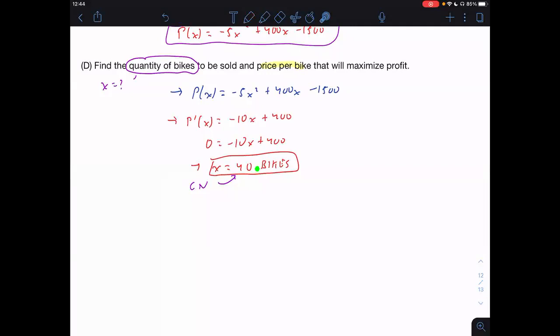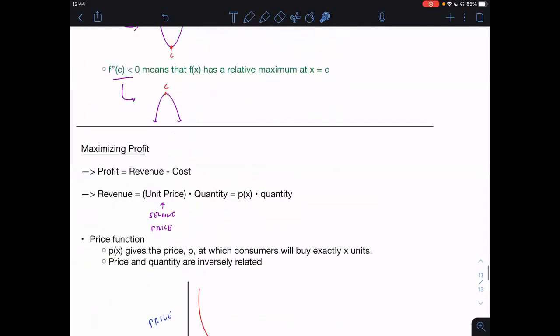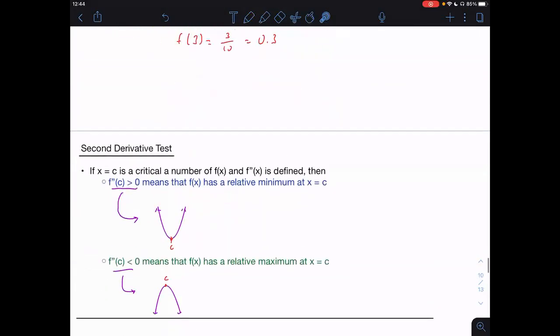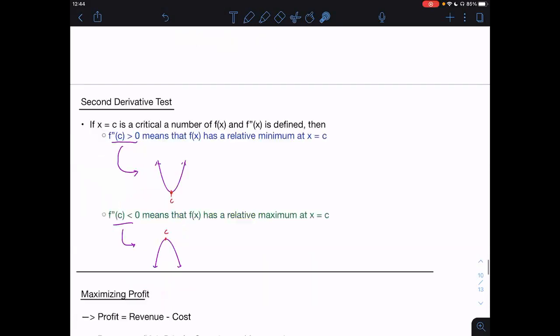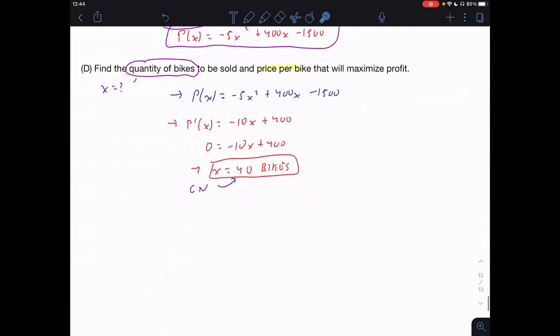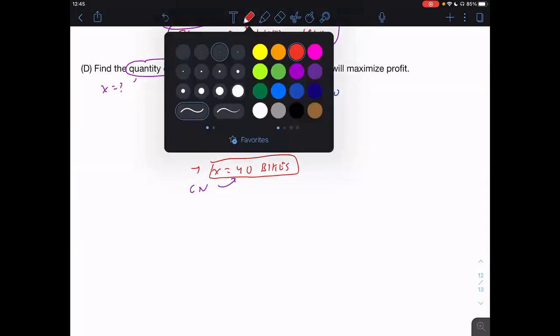To do a quick check, we can use the second derivative test by taking that critical number, plugging it into our second derivative, and seeing if it will be positive or negative. If the second derivative comes out positive, then that's a minimum value. If the second derivative comes back negative, then that critical number is going to give us a maximum value. All right, so let's do the second derivative test check real quick here.